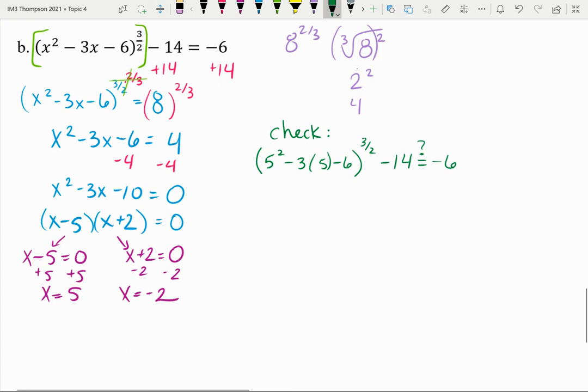So we evaluate. That 5 squared will give me a 25 in there. Minus 3 times 5 is a minus 15. 25 minus 15 minus 6.